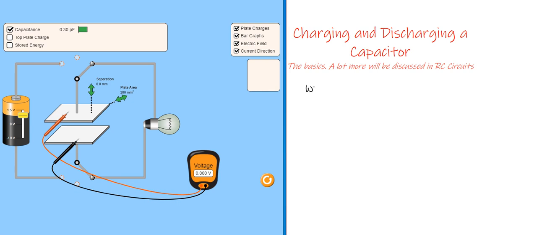Remember, for the charging process, we had work done, charge was separated, so we had a separation of charge. That enabled a potential difference, which remember we said is a cyclical process. So we have to have a potential difference to do work across the battery, and that will cause a separation of charge across the plates, which creates a potential difference across the plates, and then an electric field.